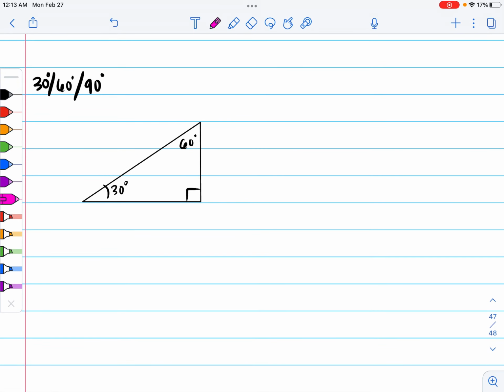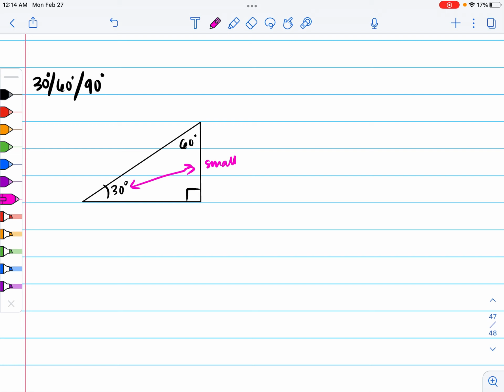If you remember from when we did our triangle inequalities, we talked about small, medium, long sides and how they relate to the specific angles they work with. So we should hopefully remember angles and sides have a relationship.